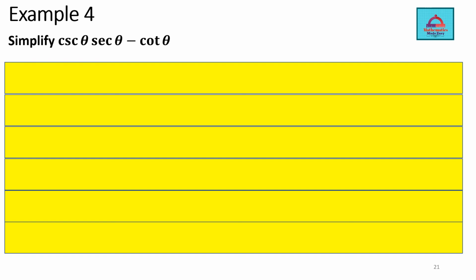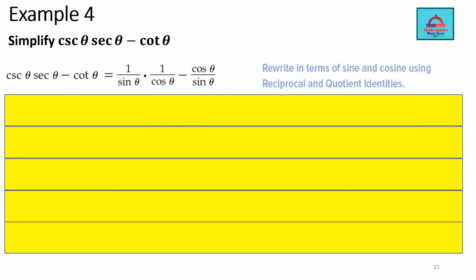So let's do one last question before we complete this video on simplification. So here you have to simplify this. The first and the most basic rule is to convert everything into sine and cos. So we know cosecant is the reciprocal of sine, secant is the reciprocal of cos, and cot is the quotient of cos and sine.